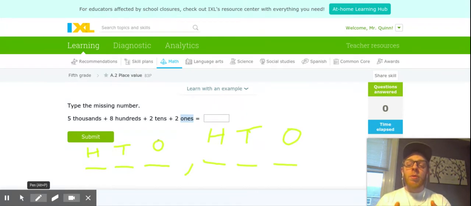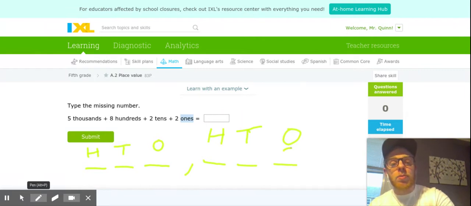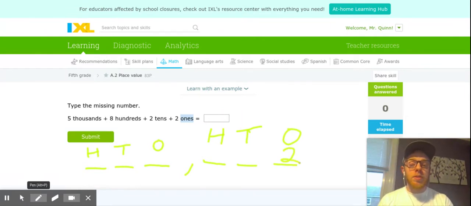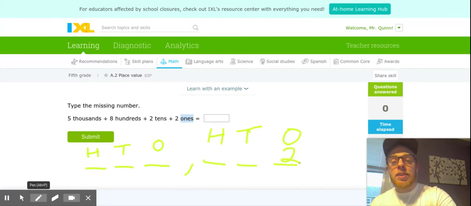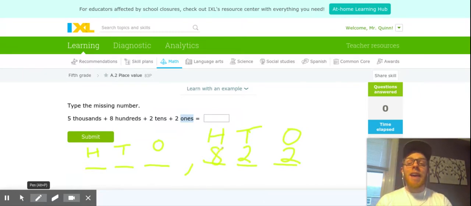So if I look at what's being shared here, I'm going to start with the fact that I have 2 ones, and I'm going to think, where's my ones place, and I'm going to fill in my 2. Where's my tens place? I have 2 of them, I'm going to fill in my 2. I have 8 of my hundreds, so I'm going to fill in my 8. And I have 5 of my thousands. Now remember, we have to be thinking to ourselves, that's only single thousands.